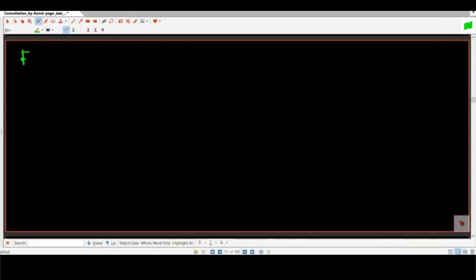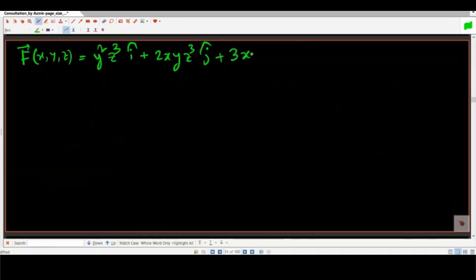Let's say we have a vector field f of x, y, z that is equal to y squared z cubed i plus 2xy z cubed j plus 3xy squared z squared k.